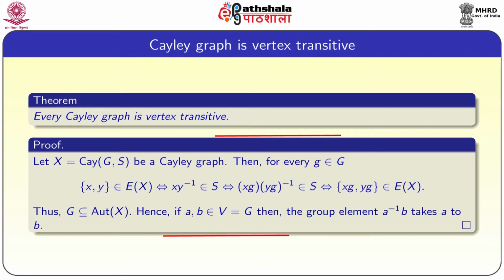So, xg and yg, with (xg)(yg) inverse belonging to S, means that (xg, yg) is an edge of X. Hence, what we proved is G itself is a subset of the automorphism group of X. Hence, if a, b belong to the vertex set V, which in the Cayley graph is the group G, then the group element a inverse b takes a to b.